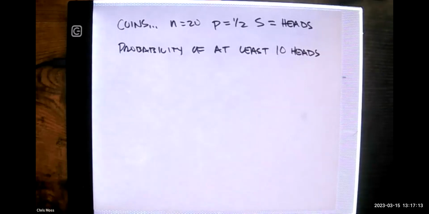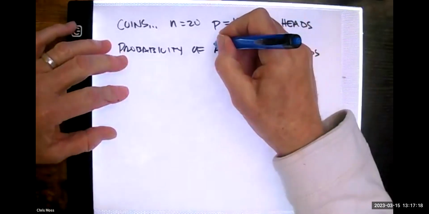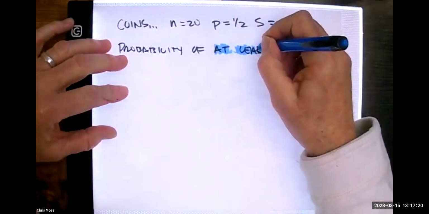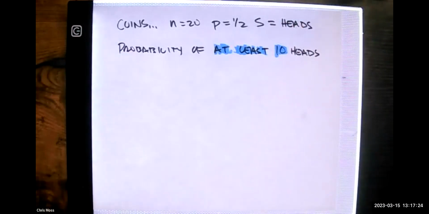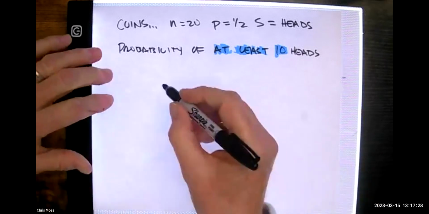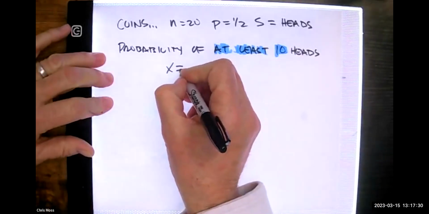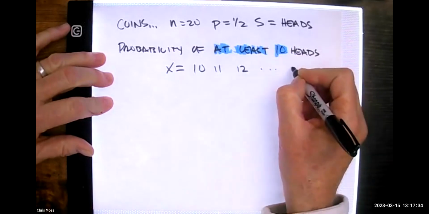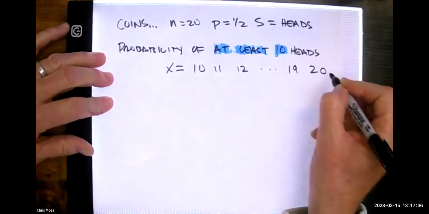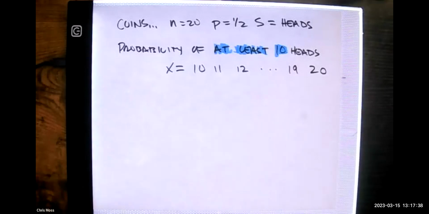All right. So this time, at least 10. The probability that we have for X is maybe 10, maybe 11, maybe 12, all the way up to maybe 20 heads.